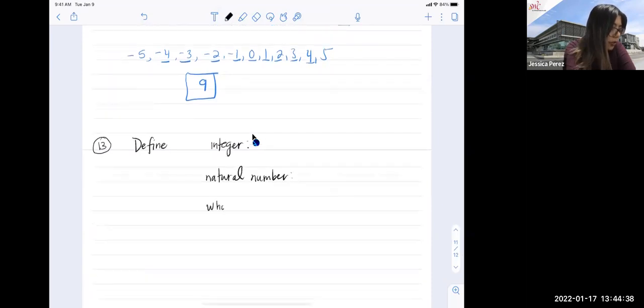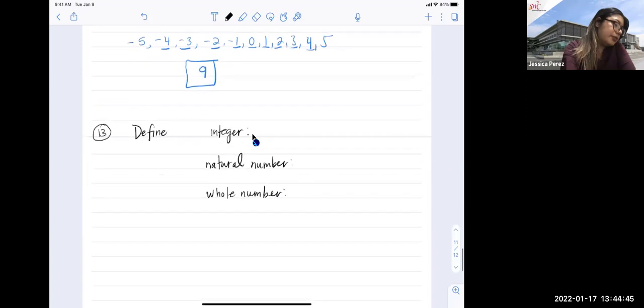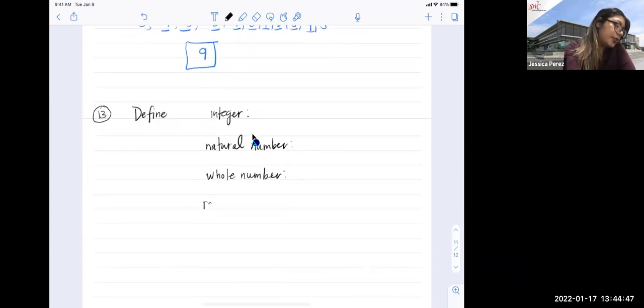What is a whole number? And what is a rational and an irrational? And then a real number.